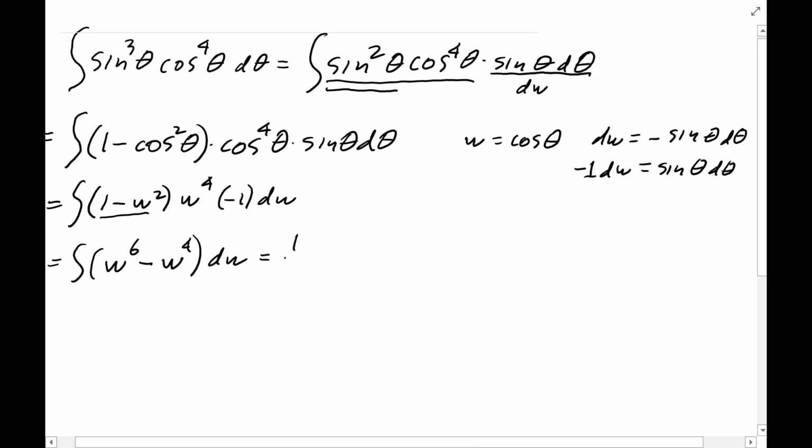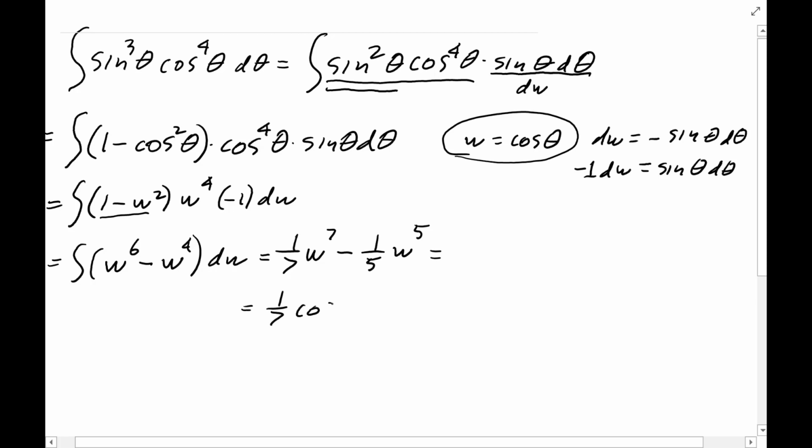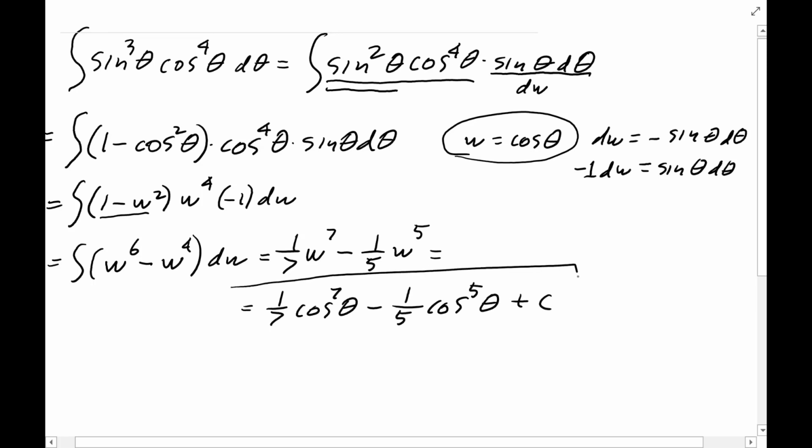It's going to be 1/7 w to the 7th minus 1/5 w to the 5th. And if we replace w's with cosine of theta, we get 1/7 cosine to the 7th theta minus 1/5 cosine to the 5th theta plus c. And there's our antiderivative.